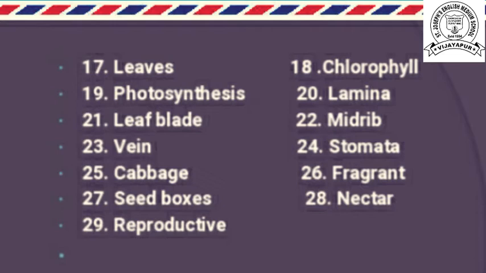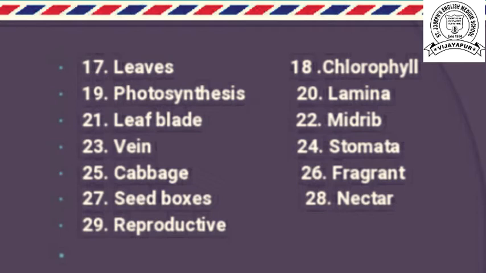It is the process where plants prepare their food. Now the 20th, lamina. Lamina means the flat broad part of a leaf. It is called a lamina. Now the next one, 21, leaf blade. It is also the flat and broad part of a leaf, so lamina or leaf blade.